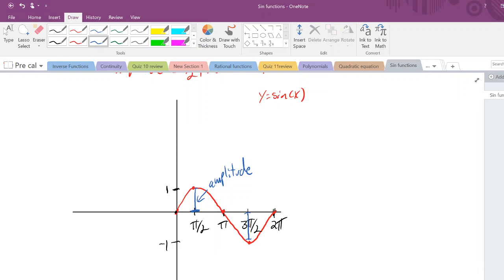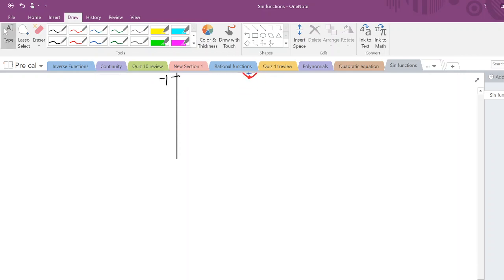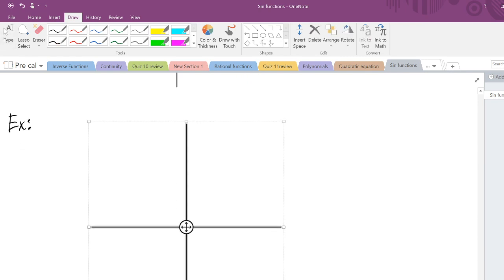Now, let me show you an example real quick. If I want to graph y equals 4 sine of x, see how there's a number in front of it, so that means there's going to be a change.